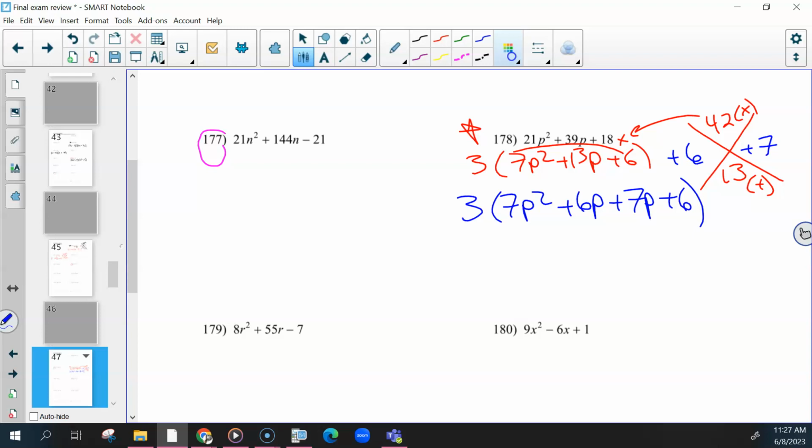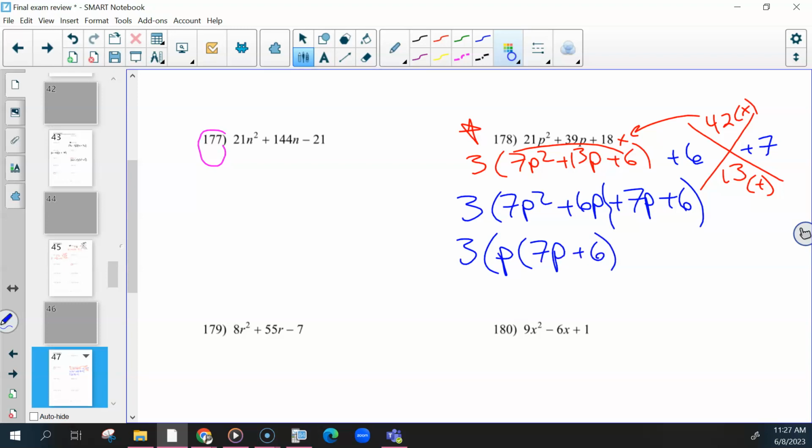And now we have 4 terms, so grouping. Keep bringing down this GCF. Find the GCF of these two. Number-wise, it's just 1, but they both have a p. So that would leave us with 7p plus 6.